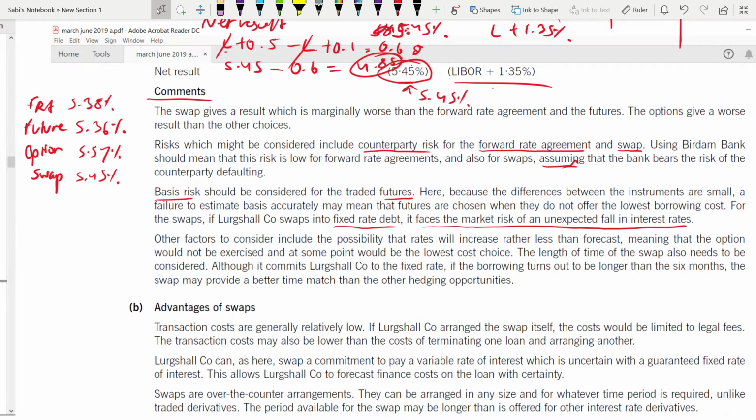Okay, other factors to consider include the possibility that the rates will increase rather less than forecast, meaning that the option would not be exercised and at some point would be the lowest cost choice, right?